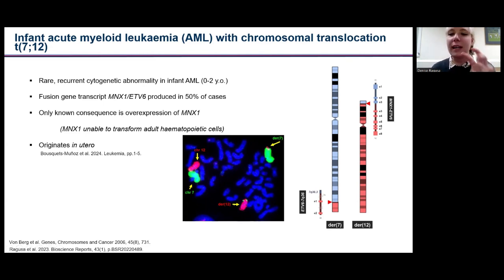So it seems to be only affecting a very specific time window, a developmental time window. And very recently, it has been proven that this leukemia originates in utero. So already during embryonic development, there are events that would then lead to the full leukemic event taking over in the newborn.